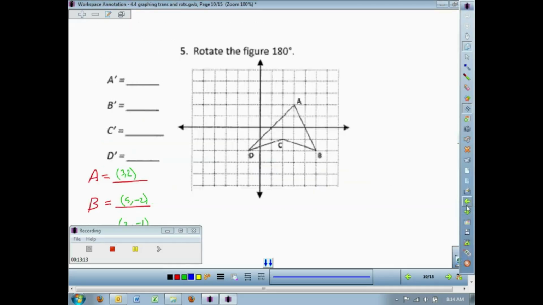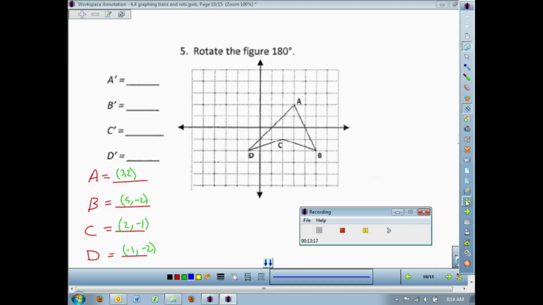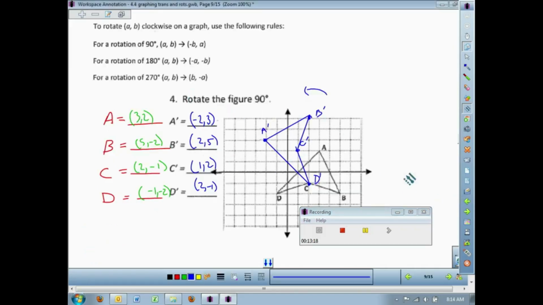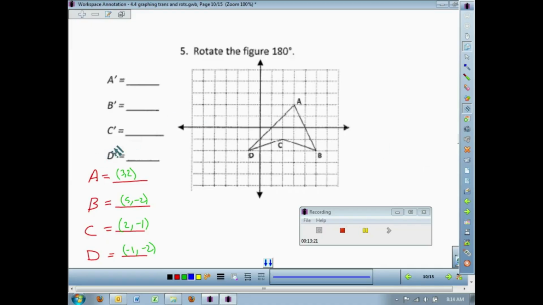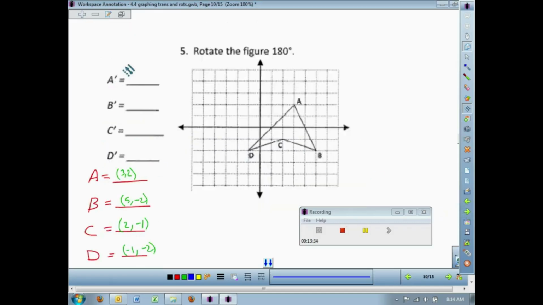Go again. You notice in this problem I used the same graph again, right? The same graph from 4 to 5. So you already have the A, B, C, D values written down. Oh, notice on your paper, I don't think that they had them. You should have put those in, right? Write A equals, B equals, C equals, D equals. It makes life so much easier. Just figure out where your new primes are by using the rule for rotating 180 degrees, by just changing both signs.